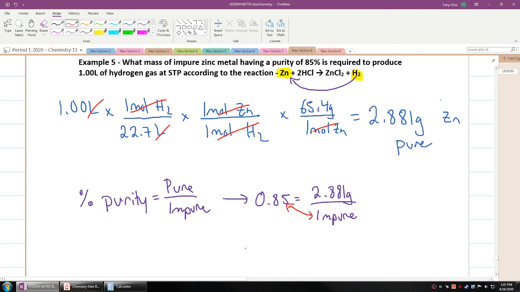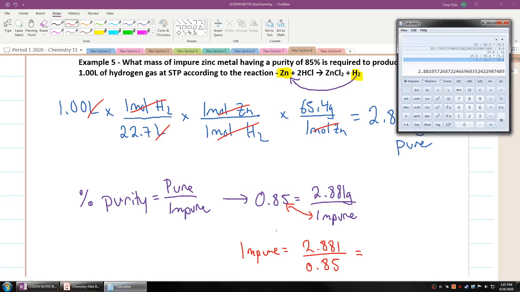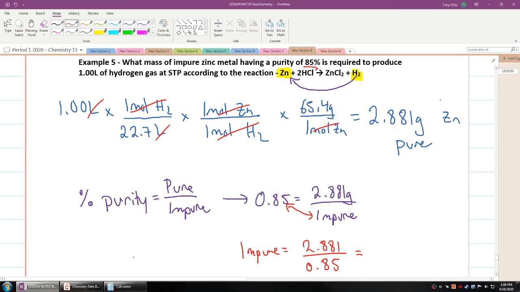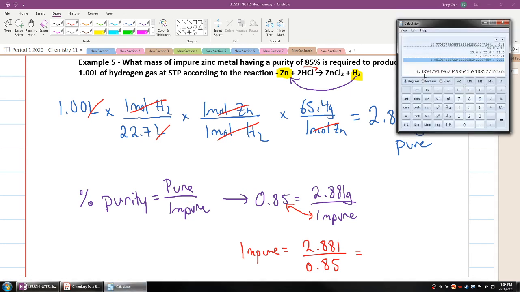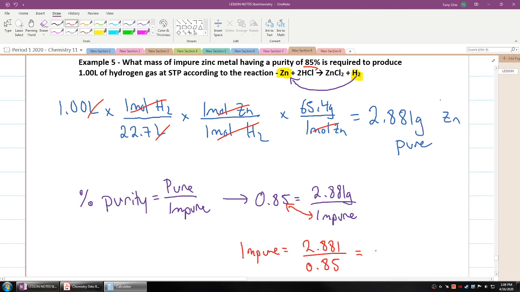So that leads you to have impure is equal to 2.881 over 0.85. That will give you a value of 3.39. But if I round, in this case, to 2 sig figs, because 85% is 2 sig figs, it'll be 3.4 grams.